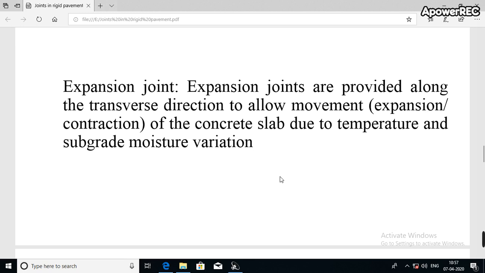When the temperature changes, the slab will try to expand, but when the subgrade moisture varies, then expansion as well as contraction may happen. So in the case of contraction also, for subgrade moisture variation, we provide the expansion joint.